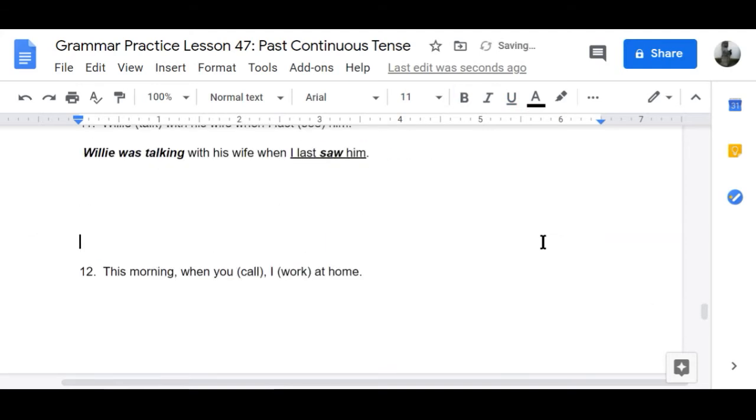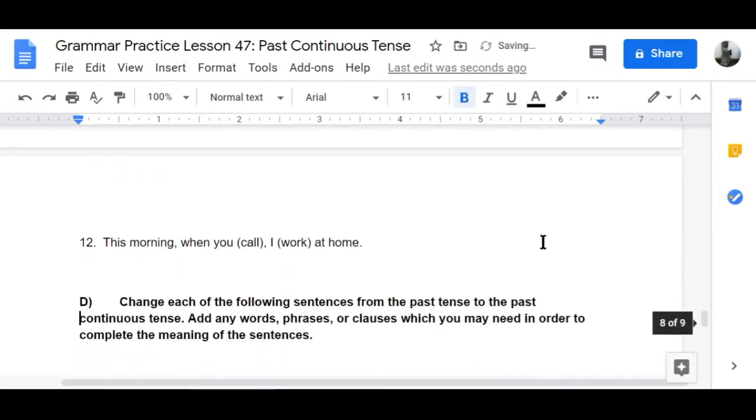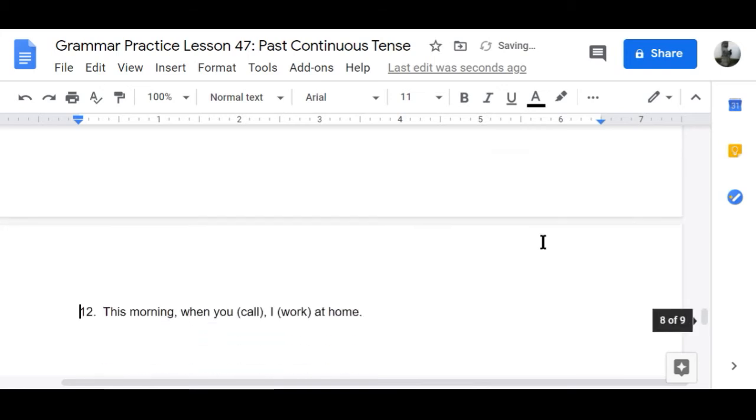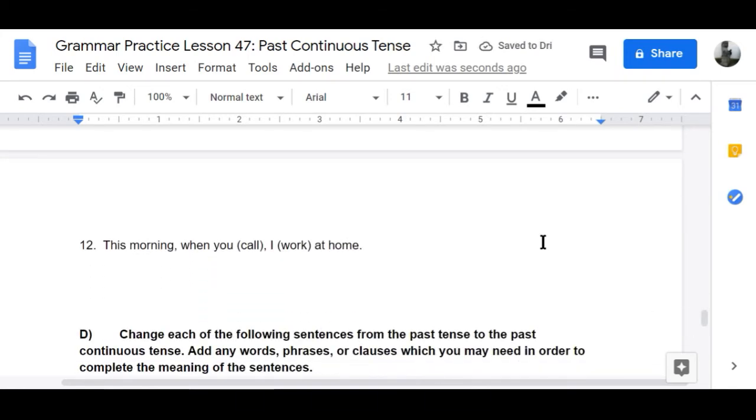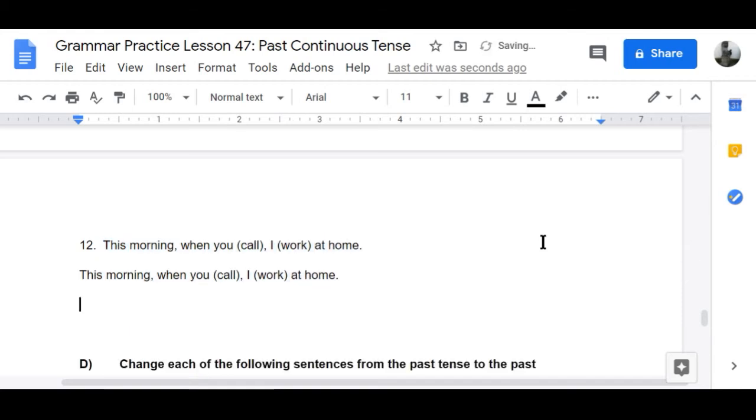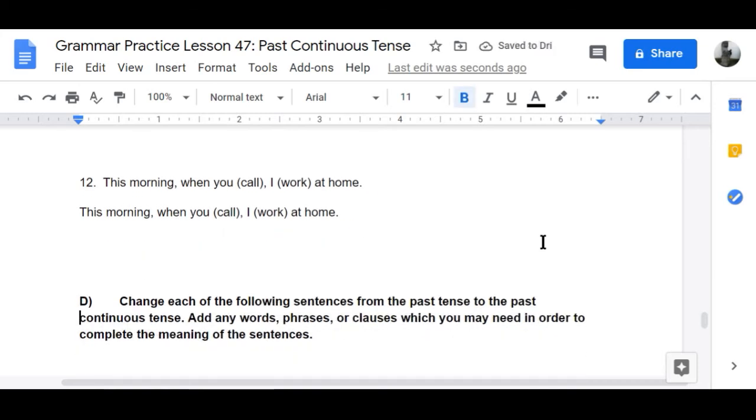12. Space. More space. More and more space. Guys, but it's the last one, okay? D is the last one today. This morning, when I was at home. So I'm gonna copy and I'm gonna paste. You guys, if you need some coffee, it's okay, right?